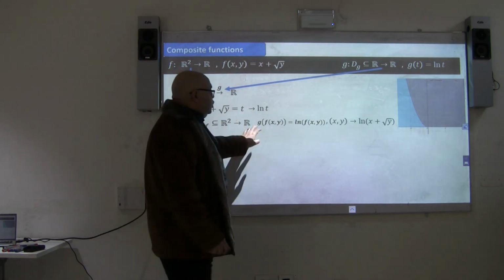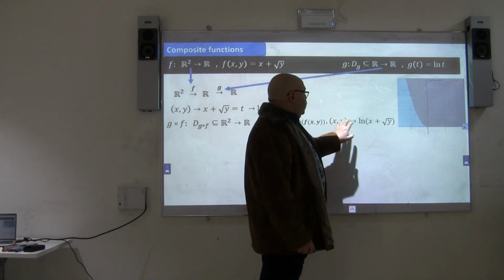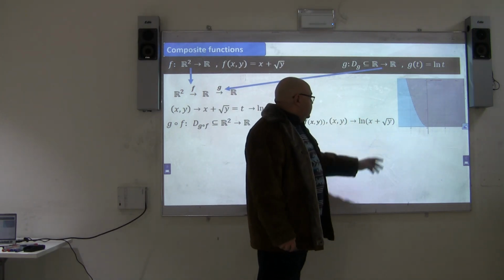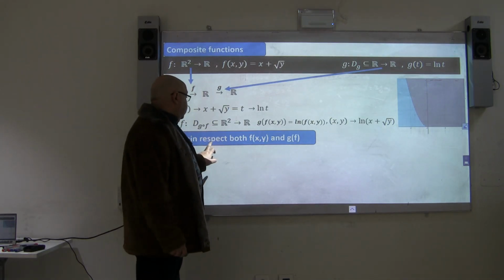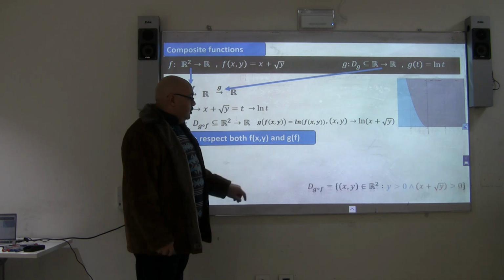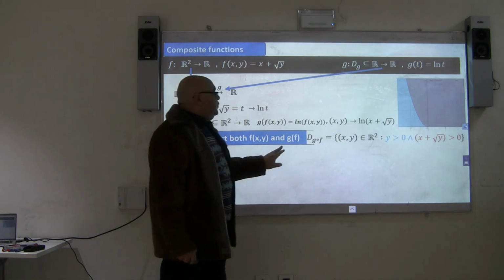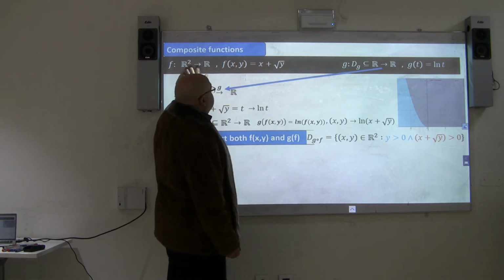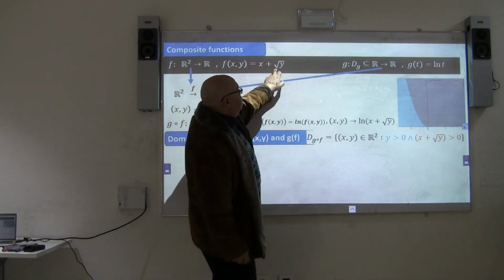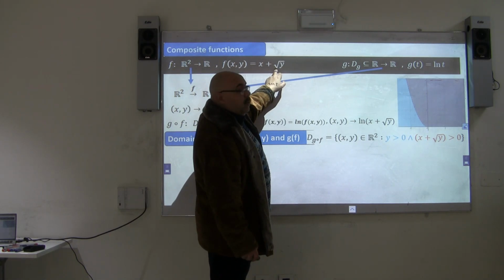This is G, which is x plus root of y. So the domain with respect to both f of x, y and g of x should satisfy both conditions. It will satisfy first that the condition here, y must be greater than or equal to 0.